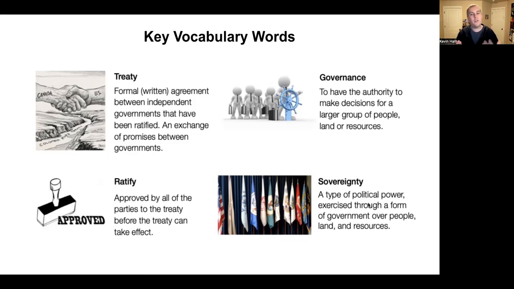Sovereignty is a type of political power exercised through a form of government over people, land, and resources. So when you have sovereignty, it means you get to be your own government, like you are your own nation. And that's what the Native American nations were and still are, the ones that are federally recognized today.